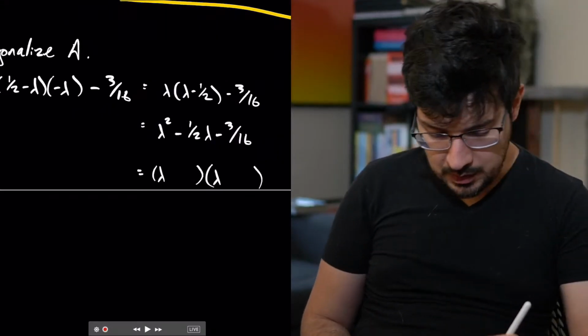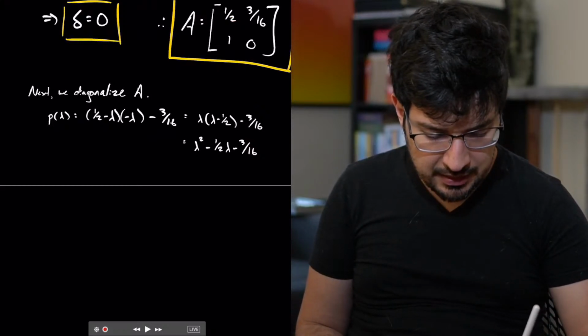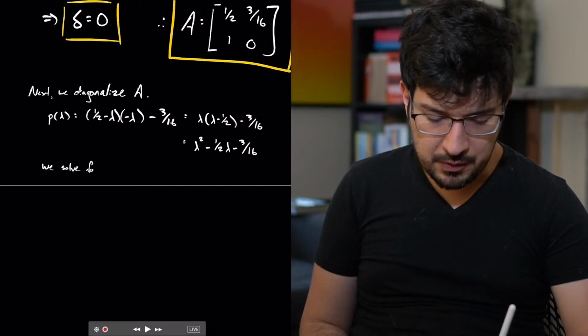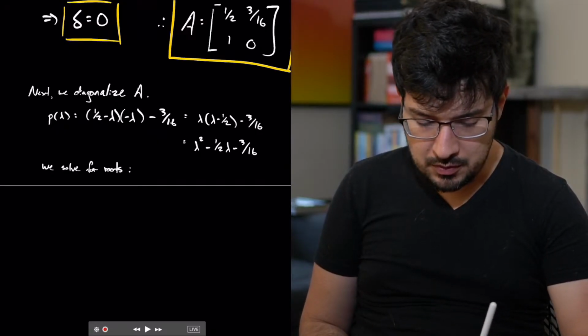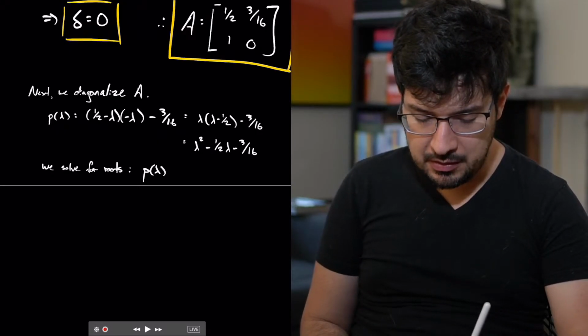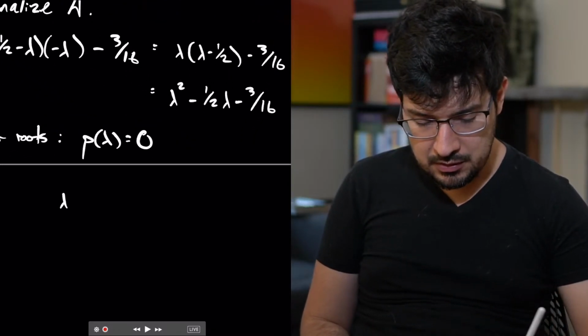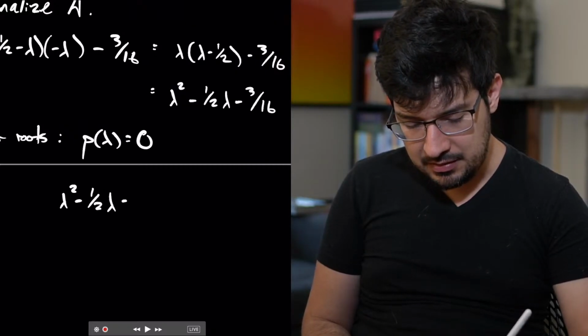Well, we don't need to factor it in this form. We can say we solve for the roots through p of lambda, the characteristic polynomial, equals 0. So I don't need to factor it yet.